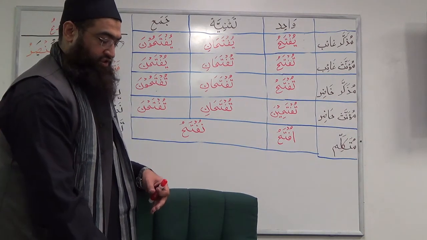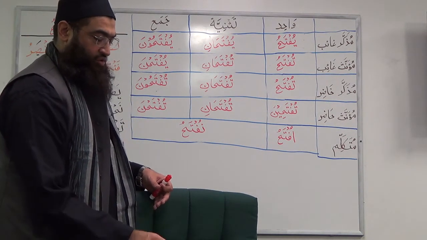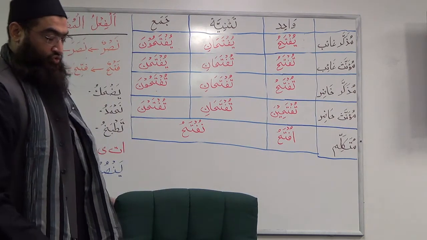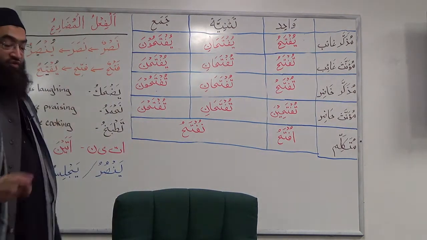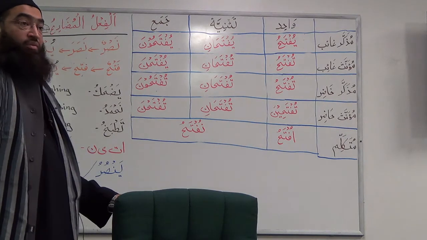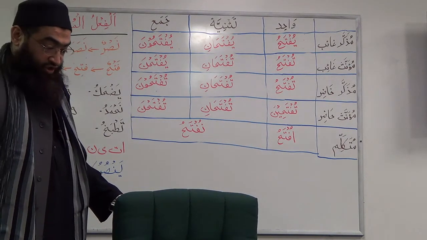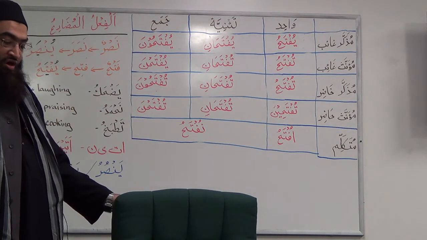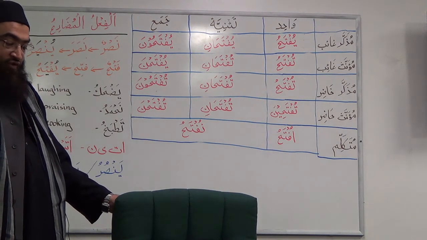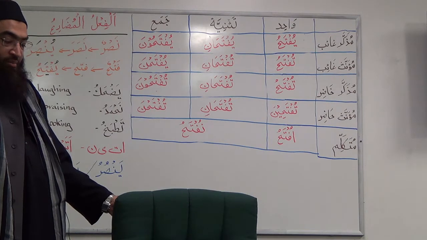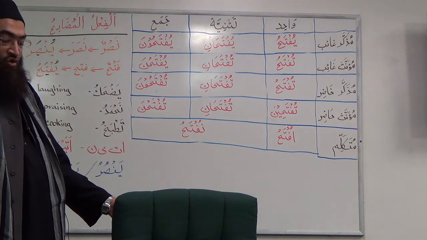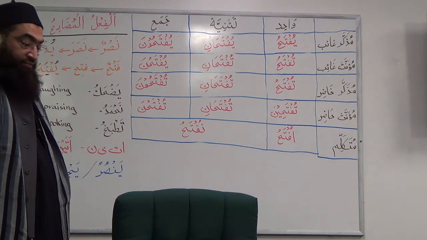Alright, so what I was explaining in the beginning was what we have to do to make it exclusively for mustaqbil, or exclusively for the future tense. In order to make al-fi'l al-mudari specifically for the future tense, the particles sin or sawfa are added to the beginning.